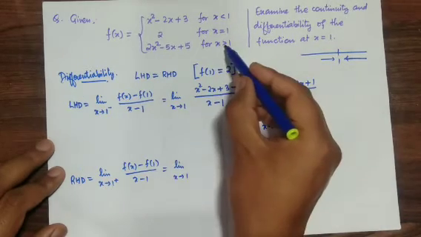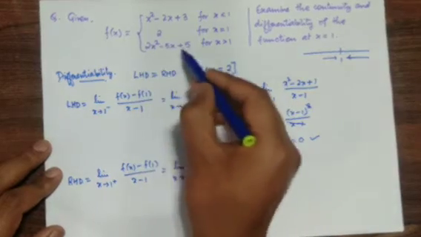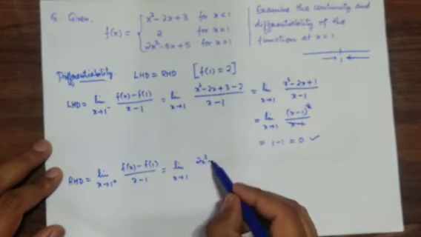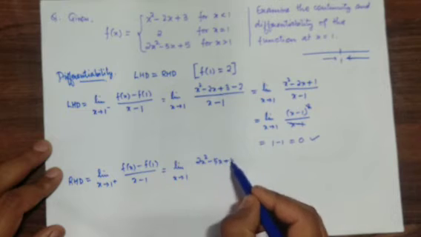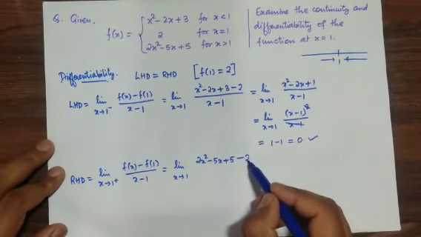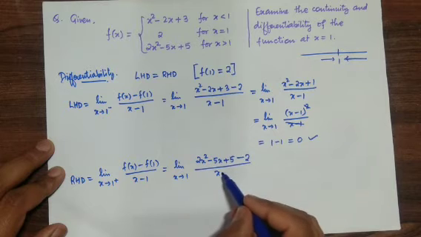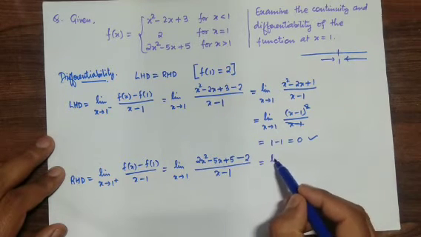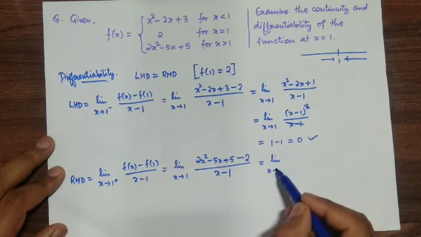So whenever x is greater than 1, my function value will be this much. So f(x) can be written as 2x squared minus 5x plus 5 minus f(1), and f(1) is 2, over x minus 1.